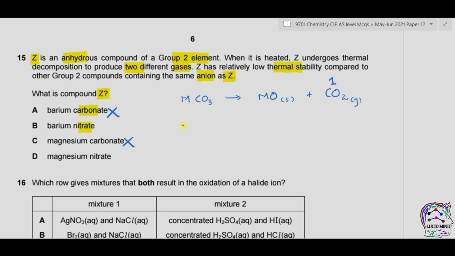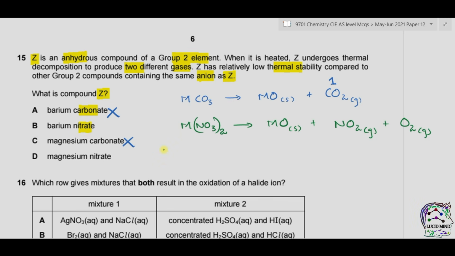For nitrate, we can write the equation. We have metal of group 2 and this is the nitrate. It decomposes to give three things. One is metal oxide, which is solid. Then we have nitrogen dioxide, which is gaseous, and we also have oxygen. So it could be nitrate. Either it is barium nitrate or magnesium nitrate. Now you should remember the decomposition of nitrate.